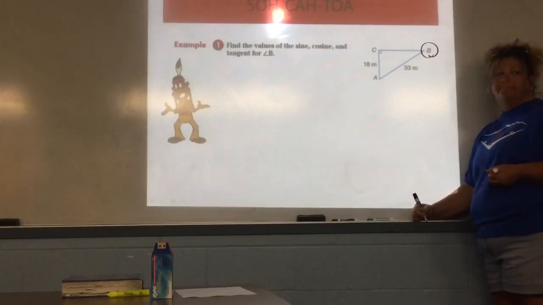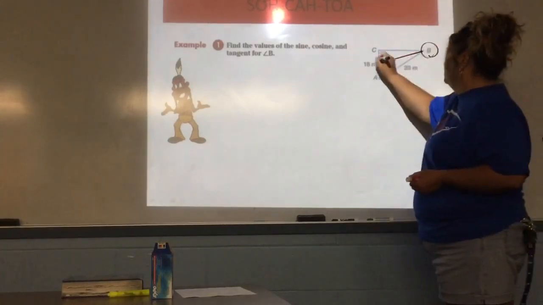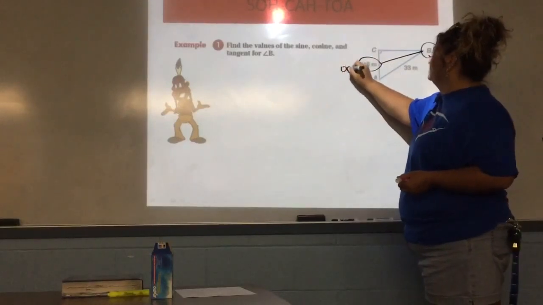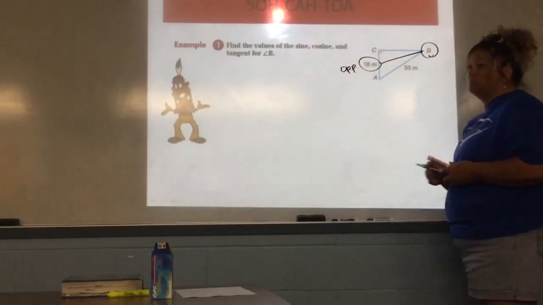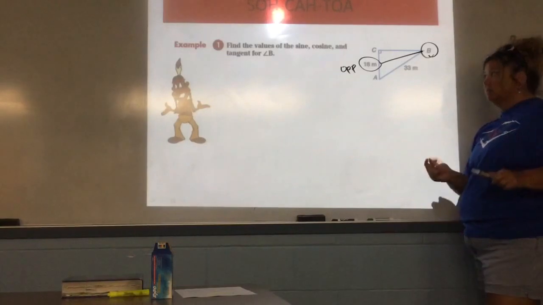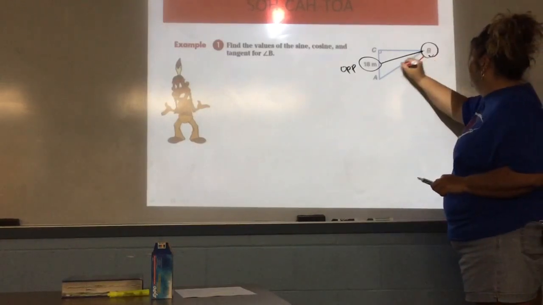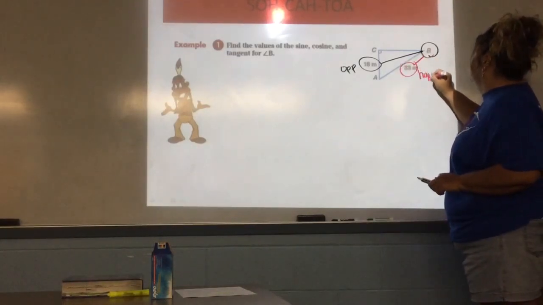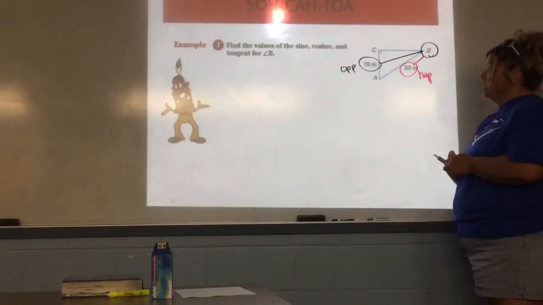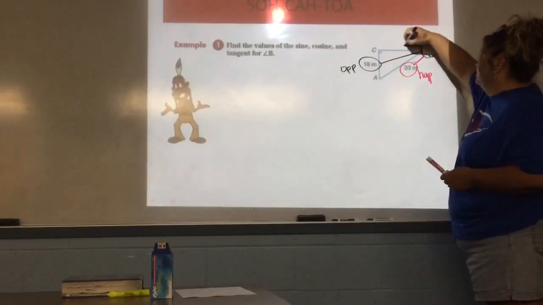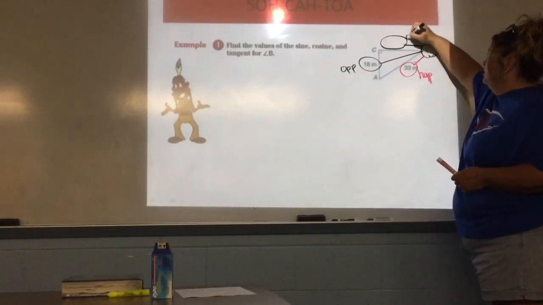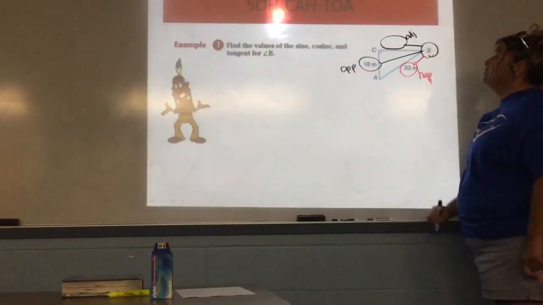What's opposite of B? 18. Good. So I'm gonna label this opposite. Where's the hypotenuse? Because it never ever changes. 33. Hypotenuse. And then what does this one have to be? Adjacent.